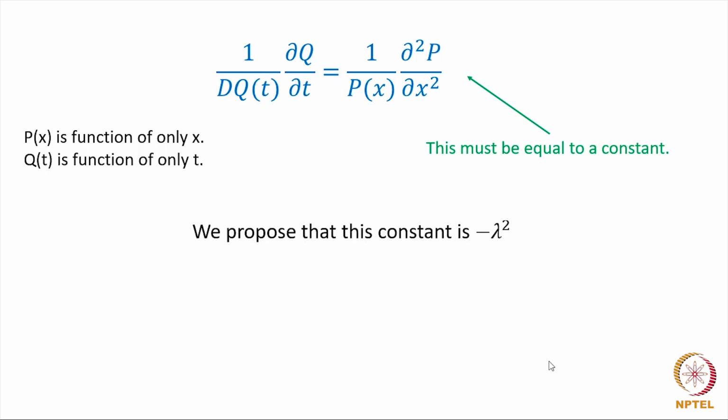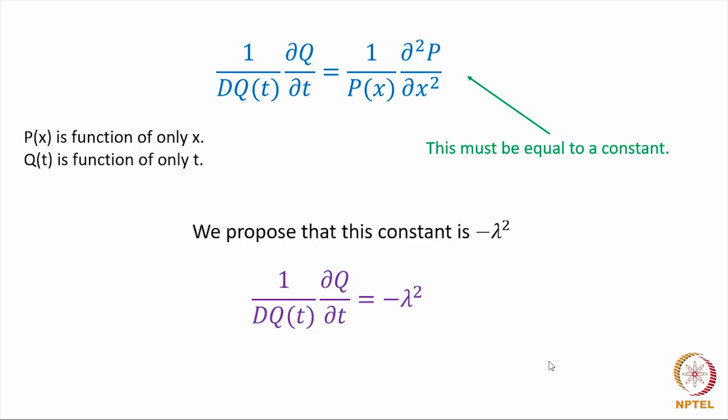The choice of this constant is with some hindsight, because we realize that there is a second order differentiation of P with X coming up, and there is a sine function. When we differentiate it twice, then we have a minus sign coming. So remembering that, we have chosen it to be minus lambda squared. So we substitute that and write the terms separately.